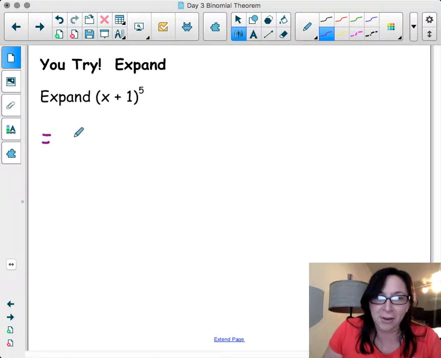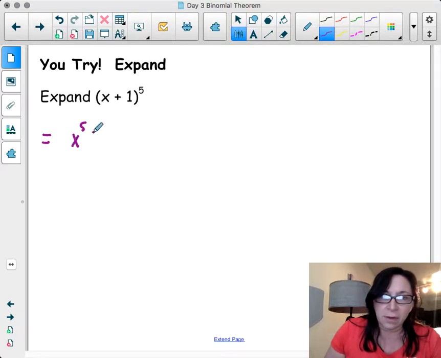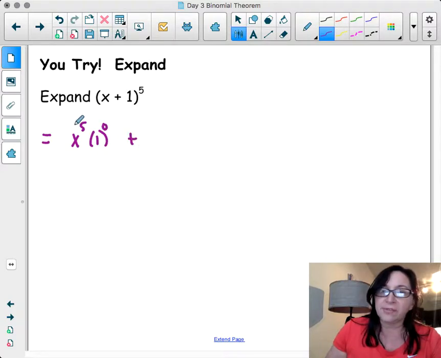So we're going to go x to the 5th, and then we have 1 to the 0. And you notice that these aren't always letters, of course. You can have numbers instead of A, B, or Y, or whatever.